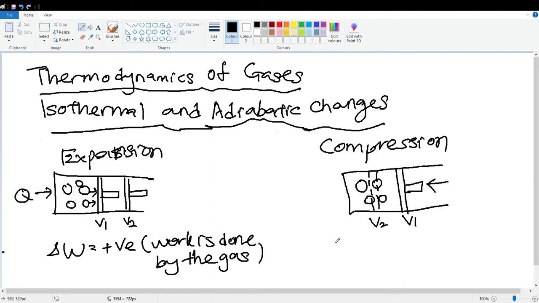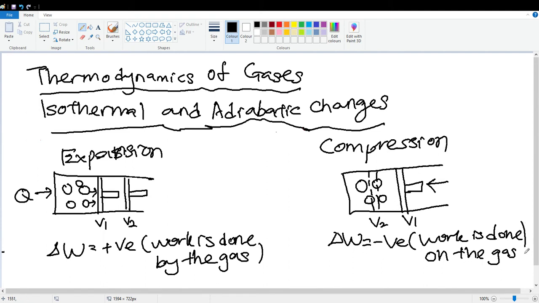What I can conclude is that the work done is negative, which means work is done on the gas. So this is what we call compression, and this is what we call expansion.